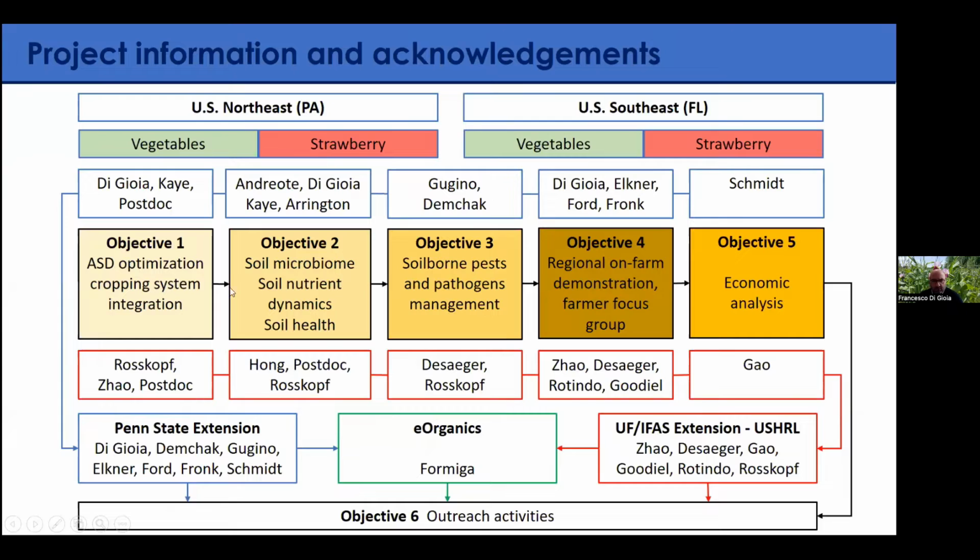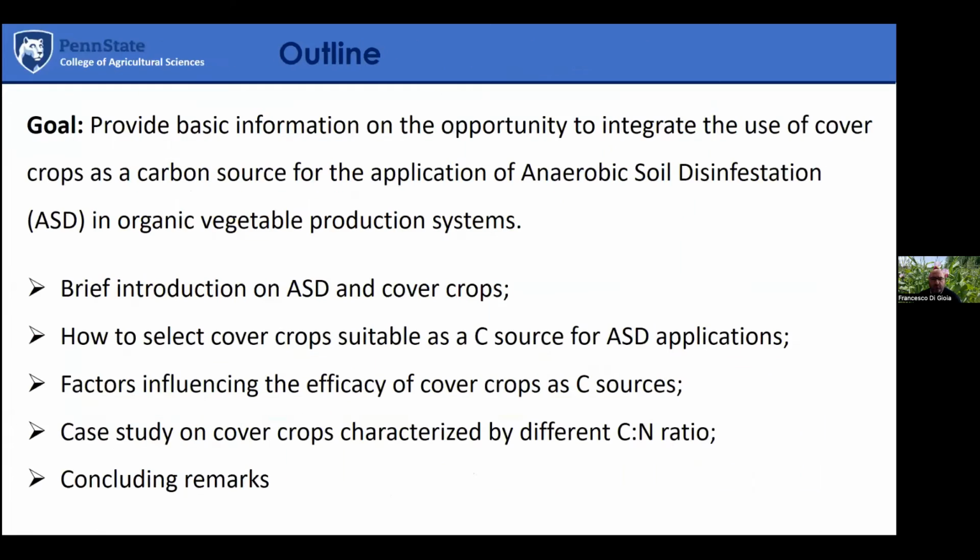As you can see from this layout, this is an interdisciplinary project, and we have a series of objectives that we are working on to look at anaerobic soil disinfestation 360 degrees. So please, get information from our website and reach out to us if you have any questions.